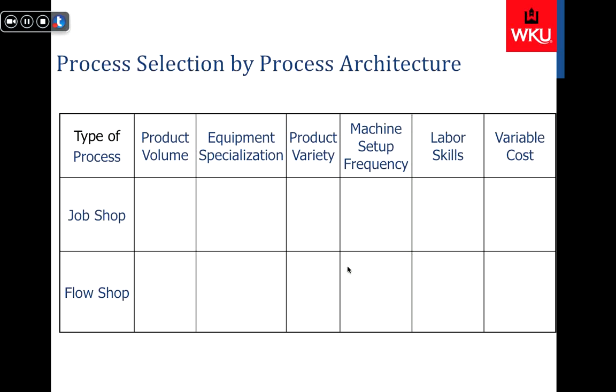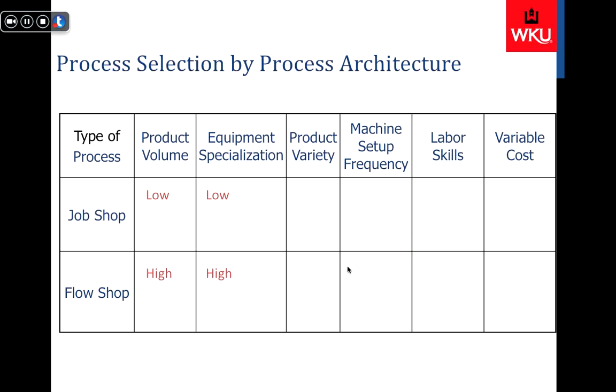So let's look at the type of process architecture for job shop and flow shop. For product volume, job shop is going to be lower because of the setup change, and the flow shop is going to be higher because you have dedicated resources for each product. Equipment specialization will be high for flow shop because a machine or a worker or a resource is dedicated to one product.